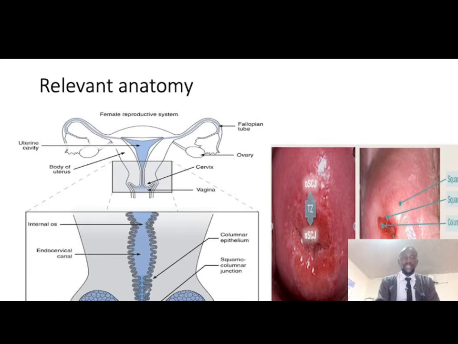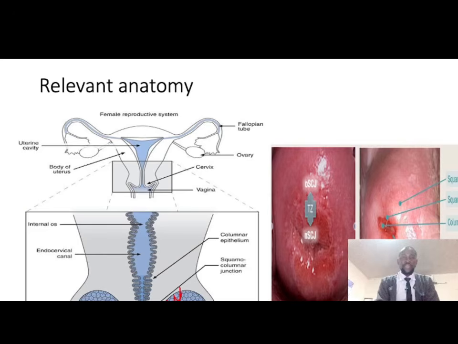Now, as the cervix grows, this starts to evert outwards, such that around this area you are going to find columnar epithelium instead of the normal squamous epithelium that was there.